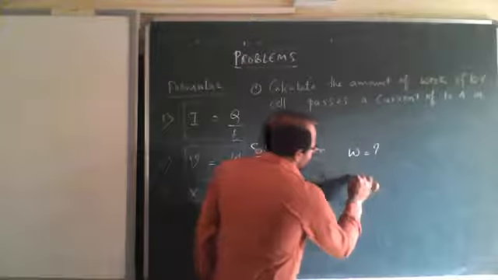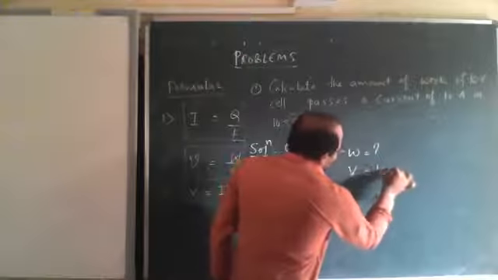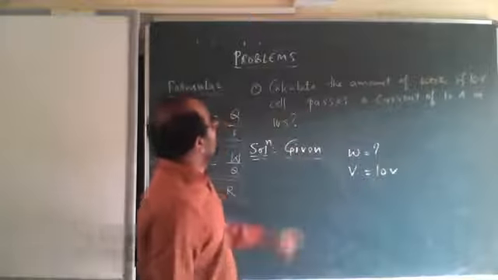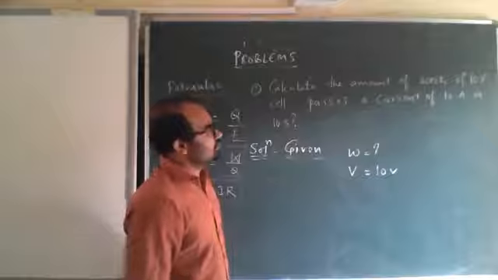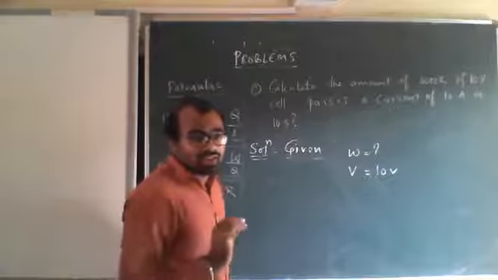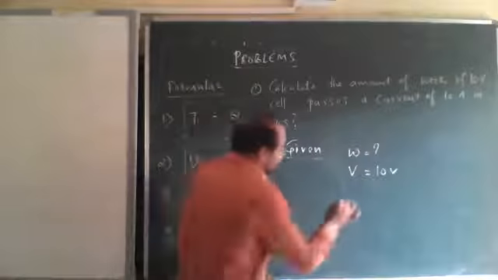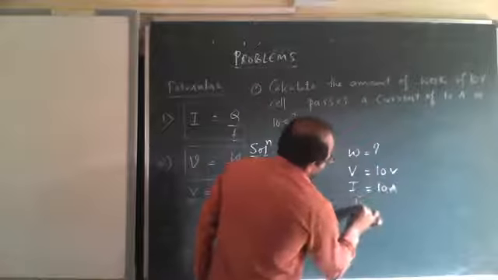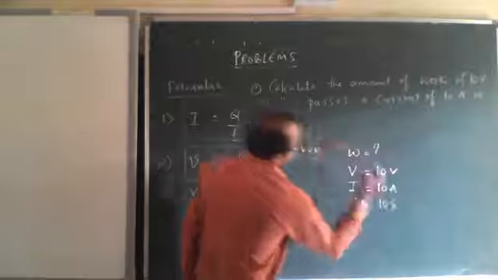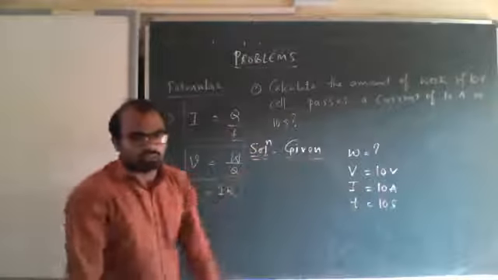That is V equal to 10 volt. Passes a current of 10 ampere in 10 seconds. Then they have given 10 ampere, that is current, I equal to 10 ampere, and time t they have given 10 seconds. Just we need to find out W.